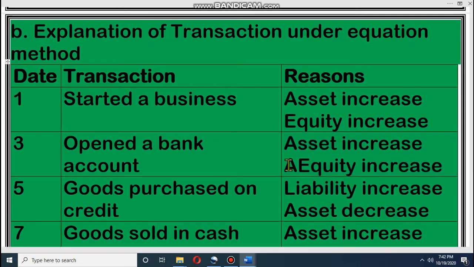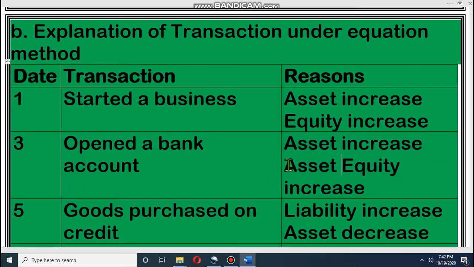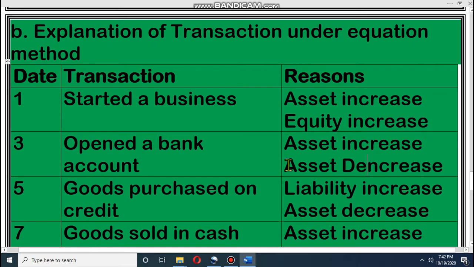Here I have to write asset decreases. Dear student, open a bank account: here our one asset, cash, decreases and the bank asset increases. So open a bank account, our asset increases and asset decreases.